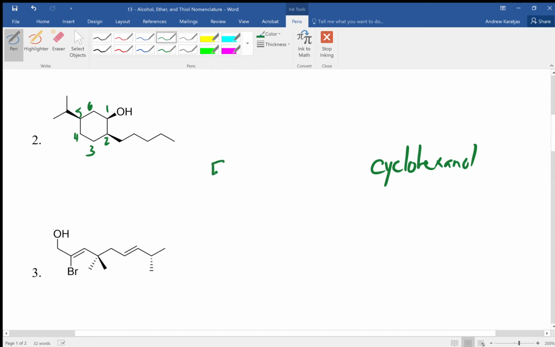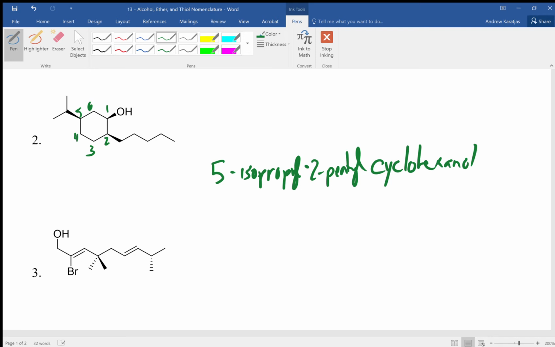And that's going to be 5-isopropyl, 2-pentyl cyclohexanol. But now we have indicated the stereochemistry for each group, and so we have to include that as part of our name. In fact, we have 3 chiral centers, 1, 2, and 5.